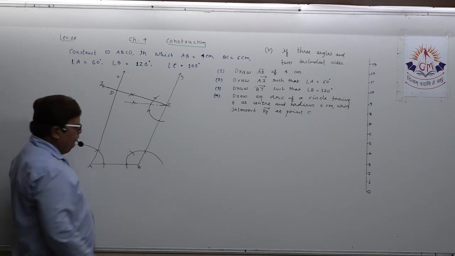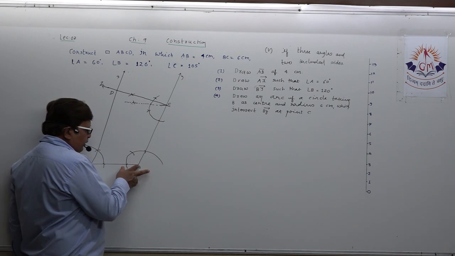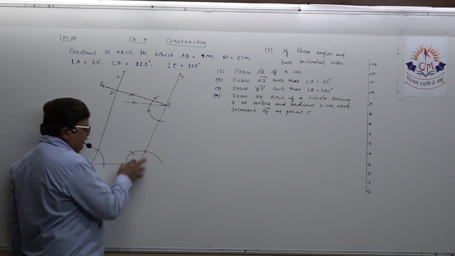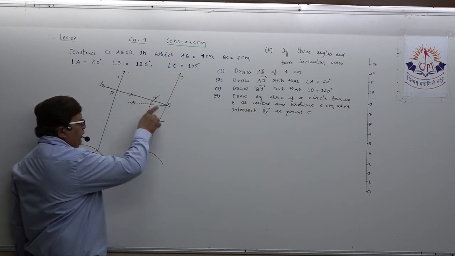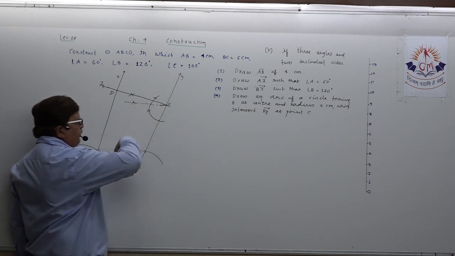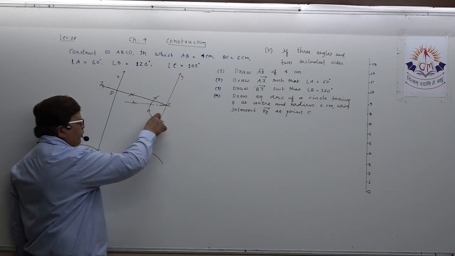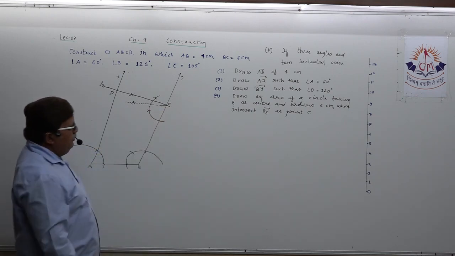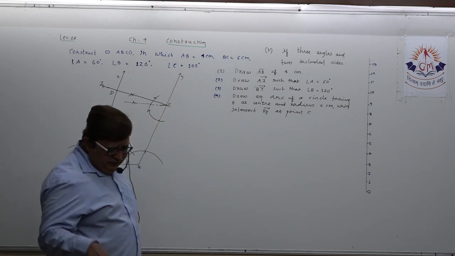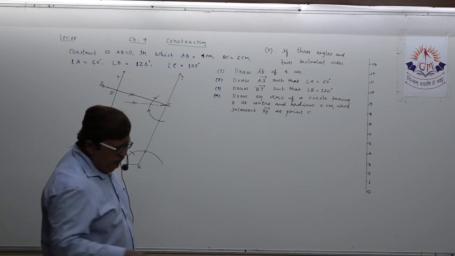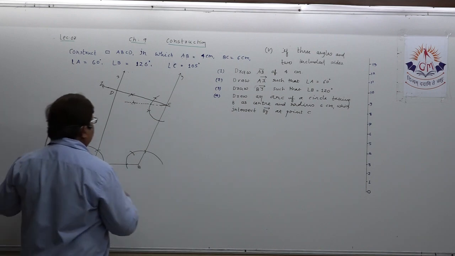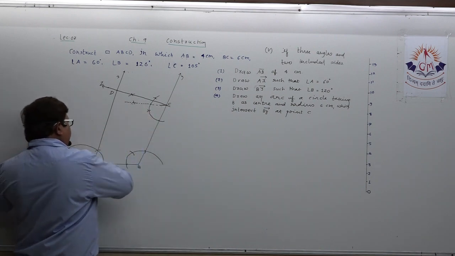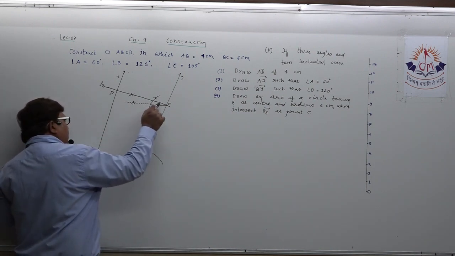Then you centered your compass at B, taken a radius of 6 centimeter and drawn an arc which intersects ray BY at point C. Now it is a question of understanding this last particular step, very important. See, dear student, try to understand.